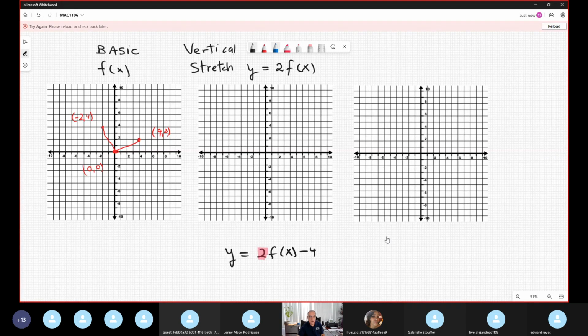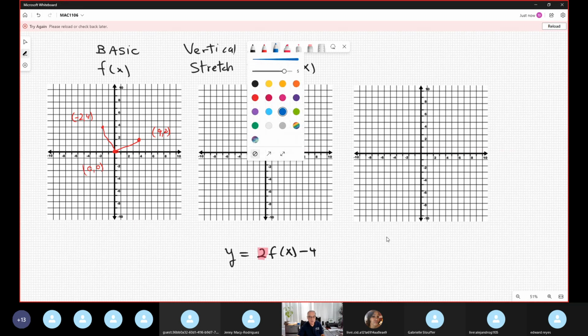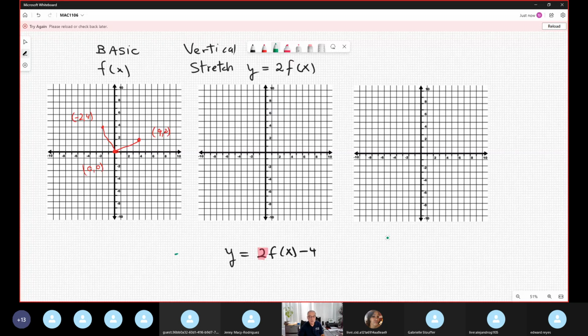So point by point, 0, 0 stay the same, because you multiply 2 times 0 is 0, no? Remember, you multiply the y component. So x stays the same, is 0, and y is 0 times 2 is 0.